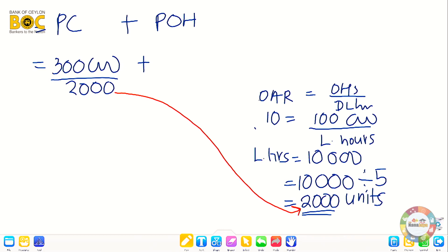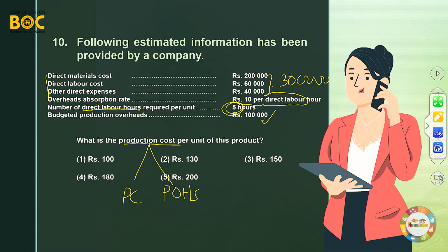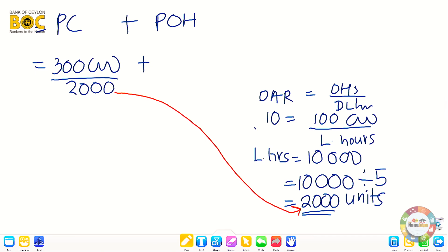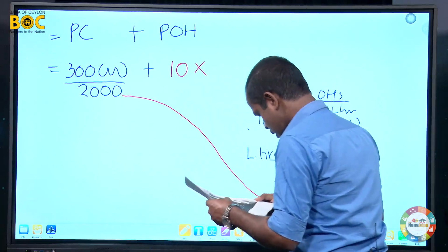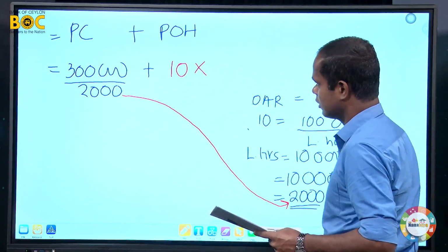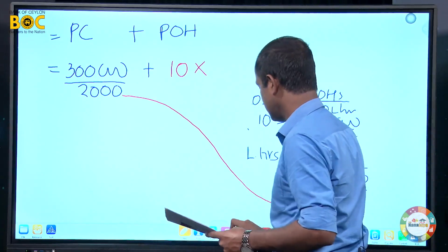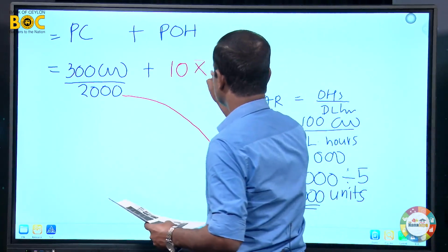Then you can calculate the overhead per unit. The overhead absorption rate is 10 rupees per direct labor hour.